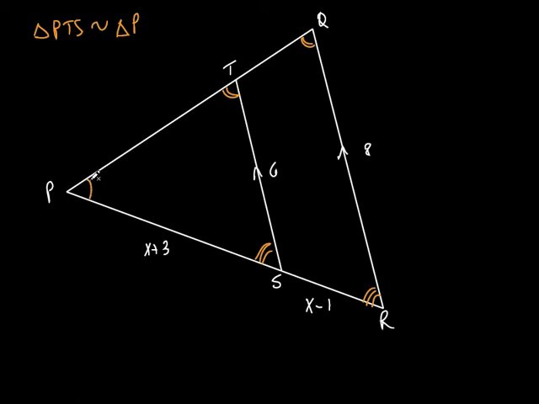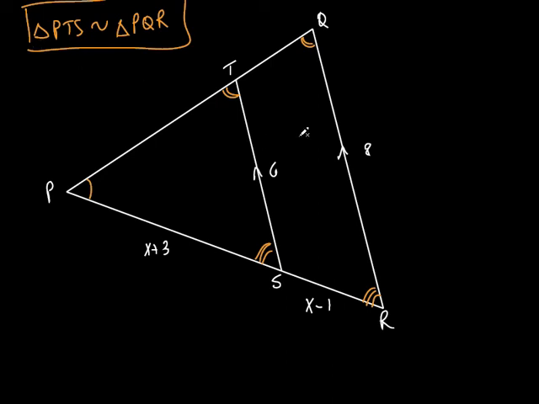It's the same exact angle. So the P goes with the P. Which one goes with the T? This little angle right here. It's the Q, because they're equal to each other. And what angle goes with the S? What's equal to the S? The R is. So it's got to be PQR. So that's your similar triangles right there.